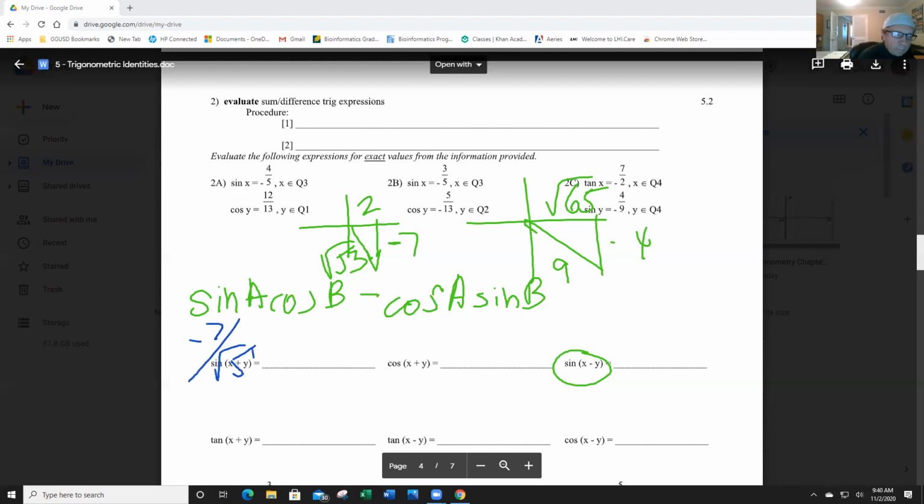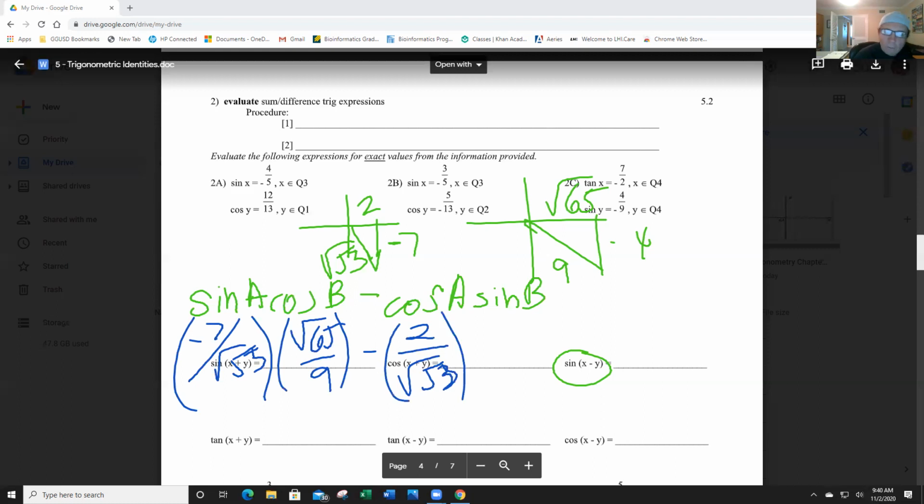It'll be negative radical 53, times radical 65/9, that's the cosine of b, minus 2 over radical 53 times the sine of b, which is -4/9. Getting the common denominator is really easy. That is 9 radical 53, and we're going to leave it there.